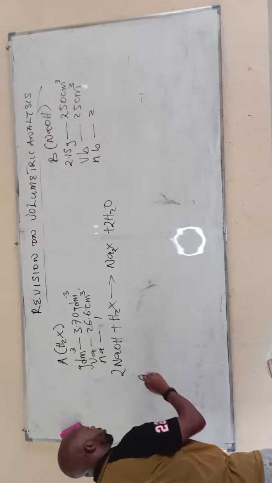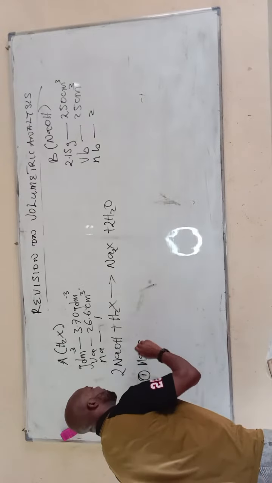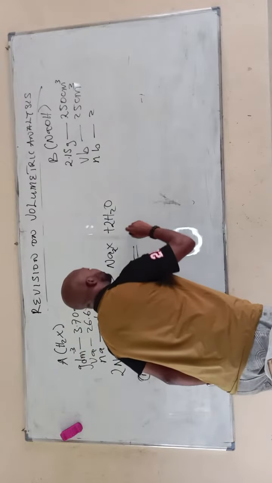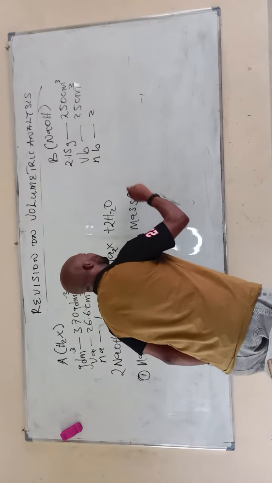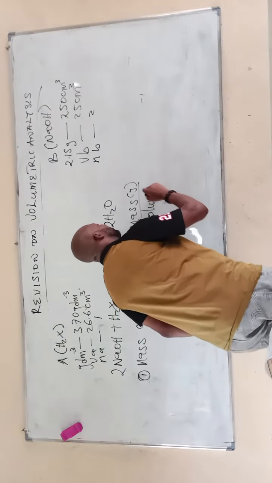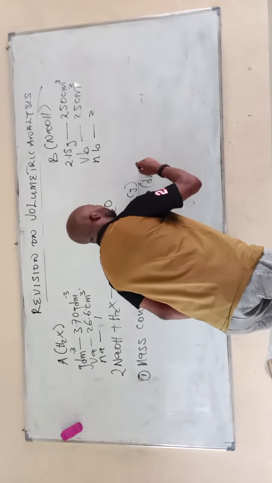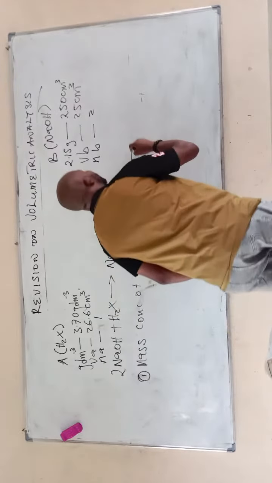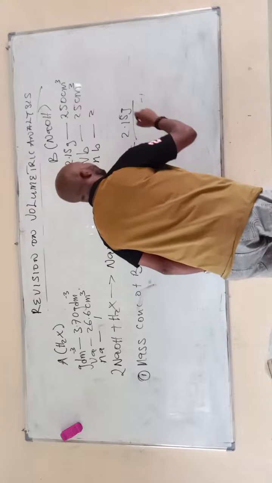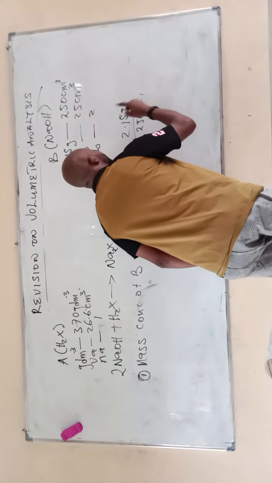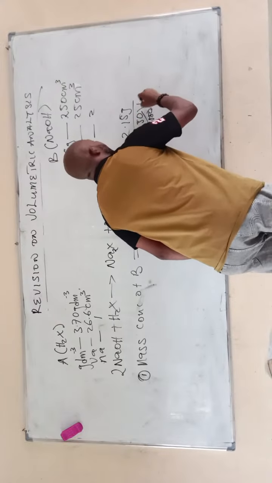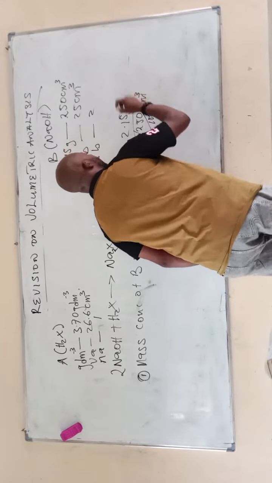Now I have my one. Mass concentration of B is mass in gram over volume in dm3. Now the mass in gram is 2.15 gram, and the volume is 250 cm3, that's divided by 1000, and put my dm3 here.